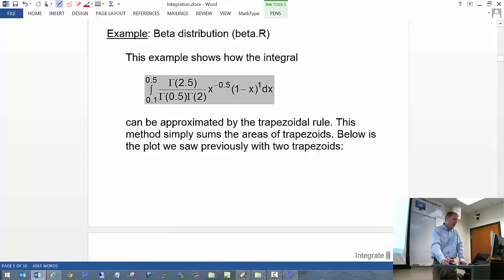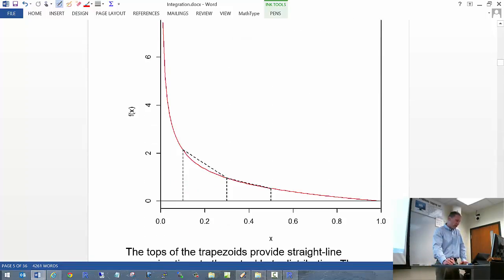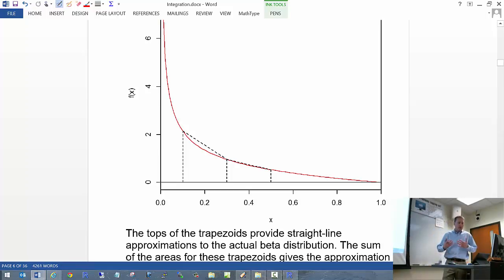So with respect to the beta distribution problem again, if I want to integrate from 0.1 to 0.5, that is a negative there. And what simply happens is this: if I want to approximate this region from 0.1 to 0.5 by 2 trapezoids, this is what would be done.